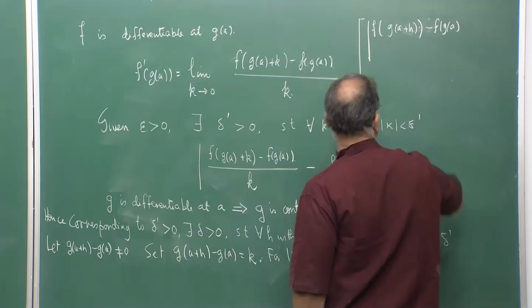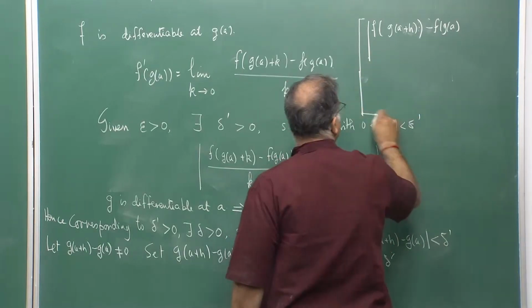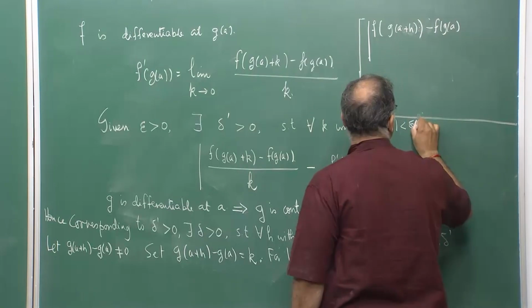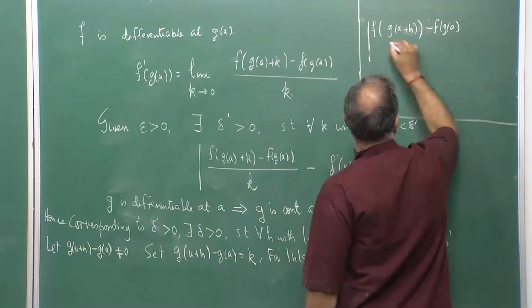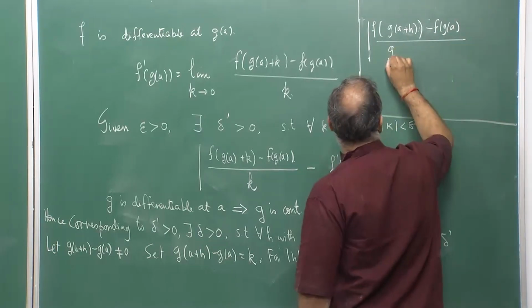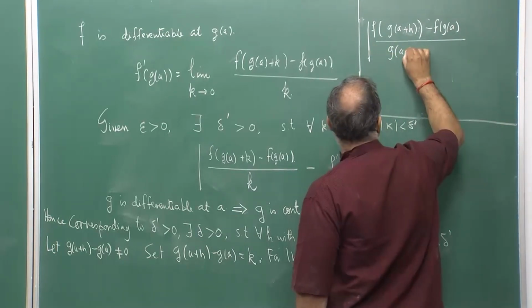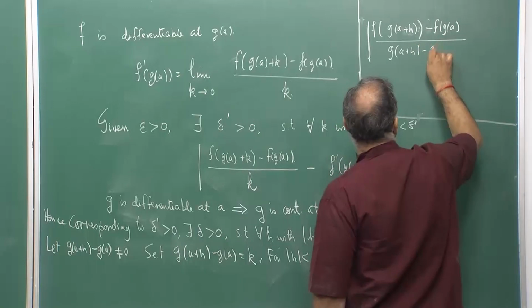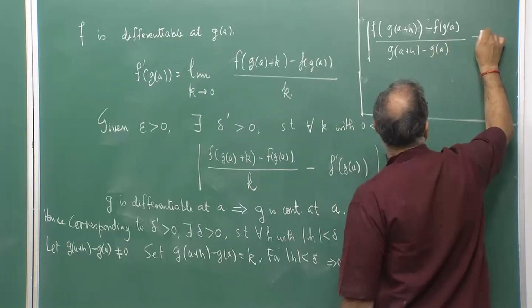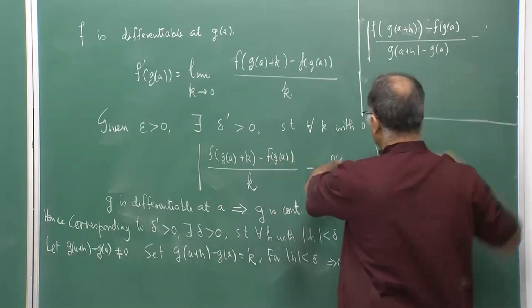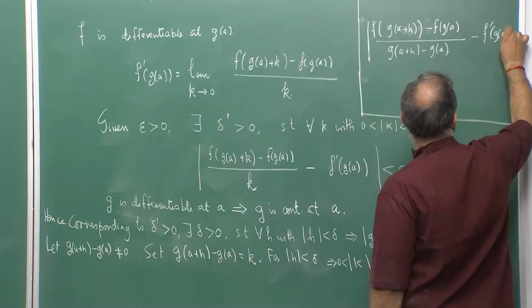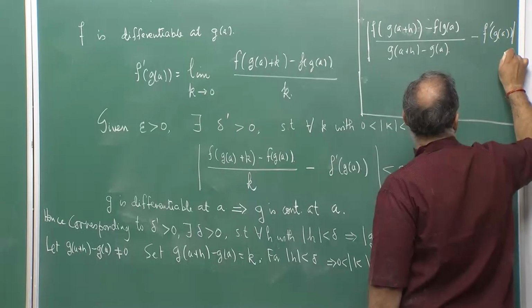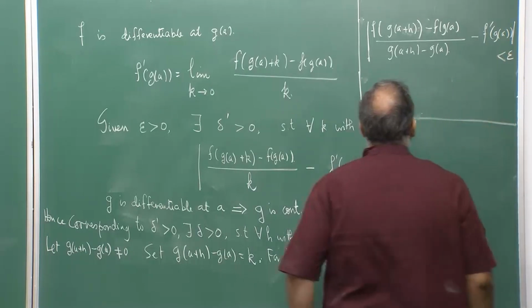I am doing this part of the proof here, delta dash. So we will have this divided by, instead of k, g(a+h) - g(a), minus f dash of g(a), strictly less than epsilon.